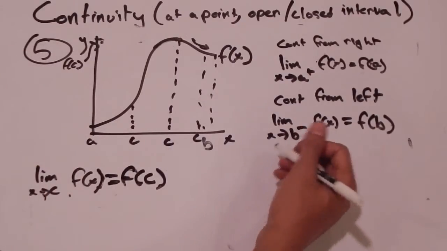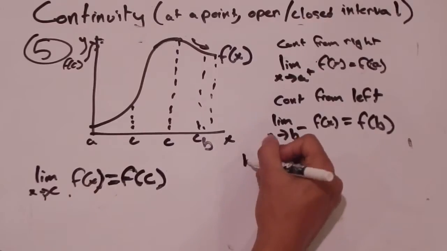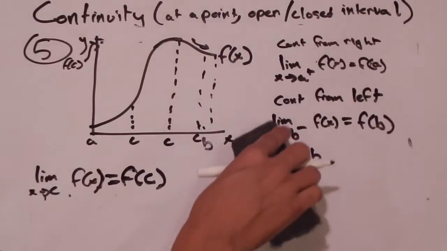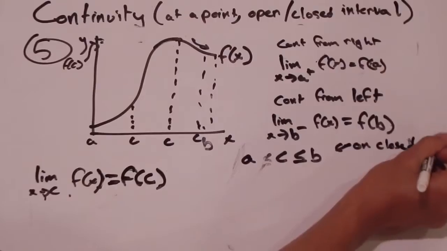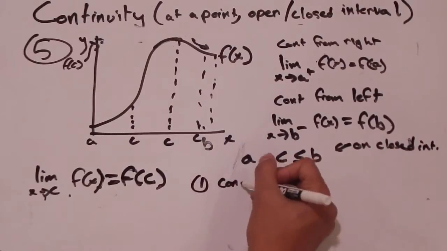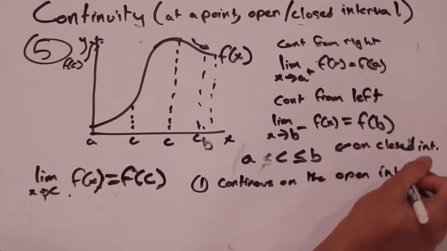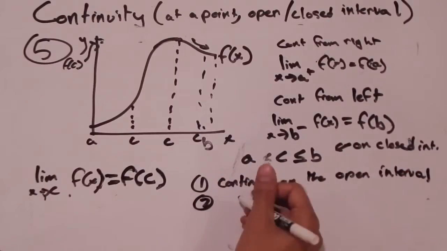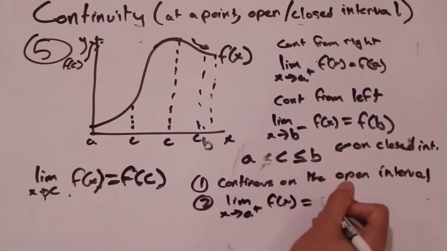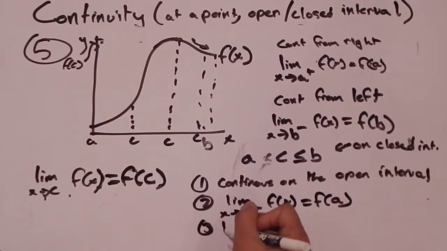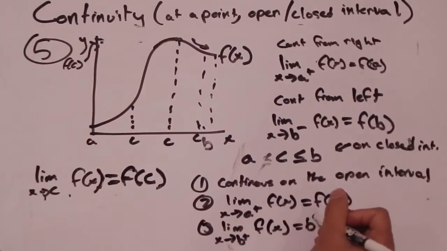And to say that a function is continuous on a closed interval from a to b, so this is a to b, this is on a closed interval, we have to show that it's continuous on the open interval, and then we have to show that it's continuous from the right at a, and that it's continuous from the left at b, equals f of b.